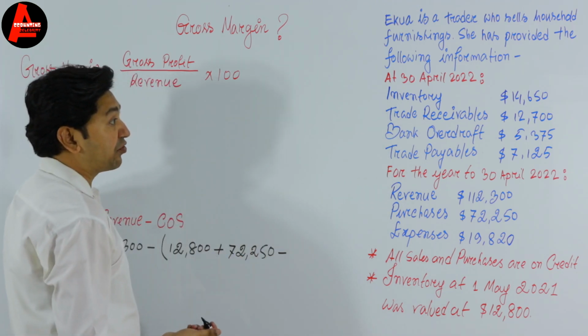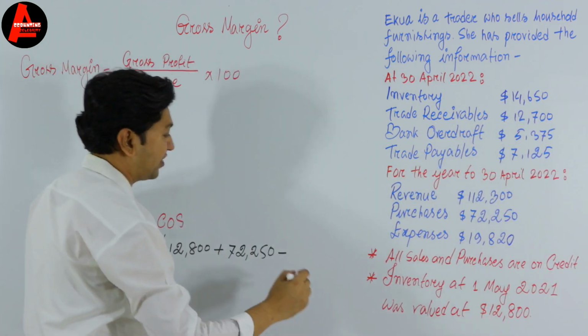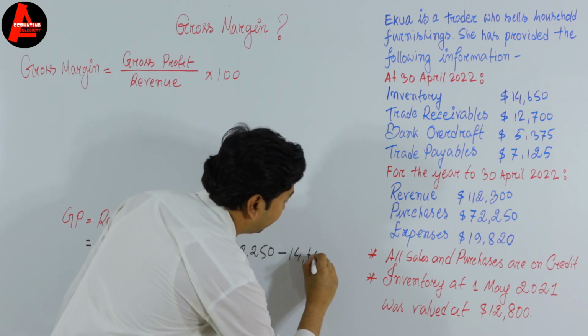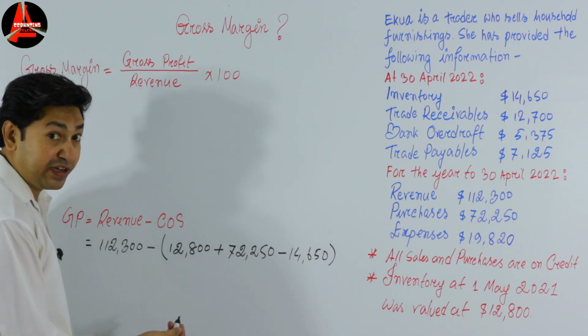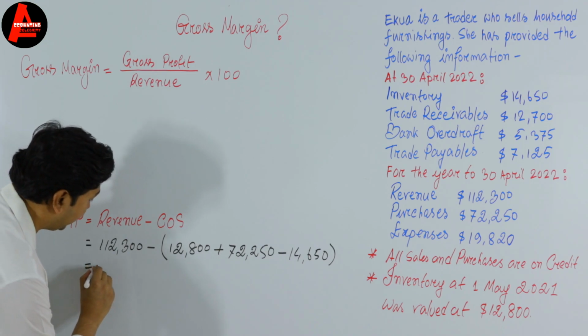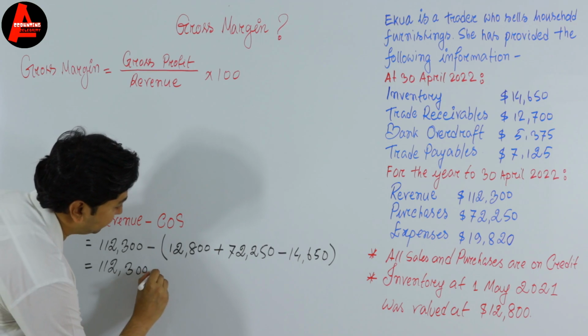So what is the closing inventory here? It is $14,650. So let us write here $14,650. Now we'll calculate here. We'll see what is our gross profit. So here we have $112,300 minus.